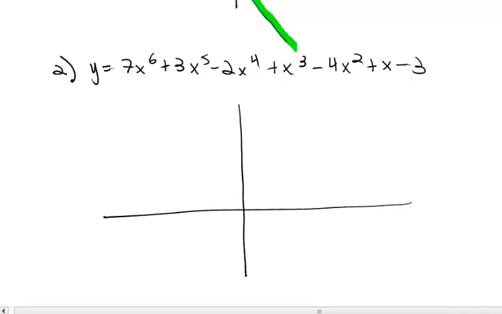Looking at the leading coefficient and exponent, it's 7x to the 6th. That's positive, so it's going to come in and go out at the top, even exponent. And in the middle, it's going to wiggle. We do want to hit a y-intercept at -3.